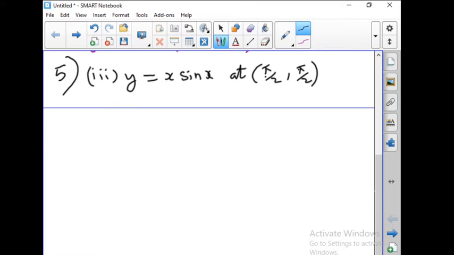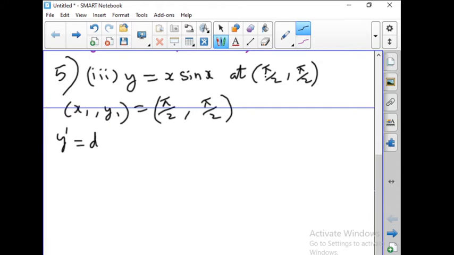So x1 comma y1 is pi by 2 comma pi by 2. We have to find y dash, that is dy by dx. So we have to differentiate this.